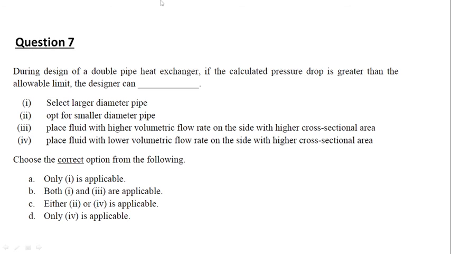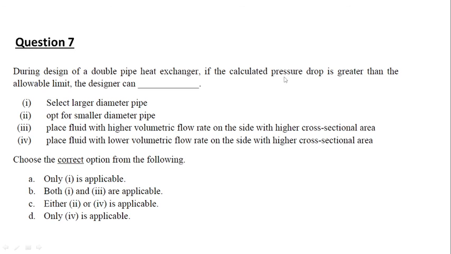If we pass a fluid with a higher flow rate through a higher cross sectional area, then also the fluid velocity will decrease, and if the fluid velocity decreases, then the pressure drop can be decreased. So either a larger diameter or placing a fluid with a higher flow rate through a higher cross sectional area can decrease the pressure drop. Is it clear now?